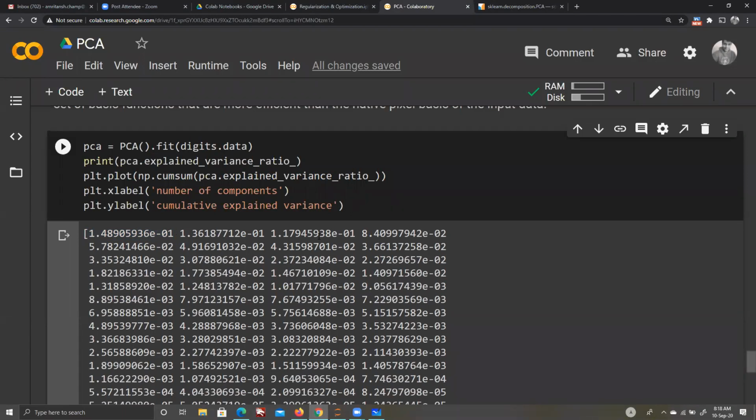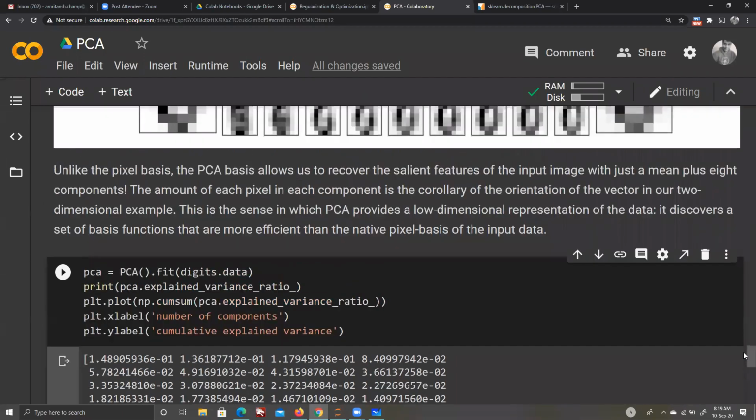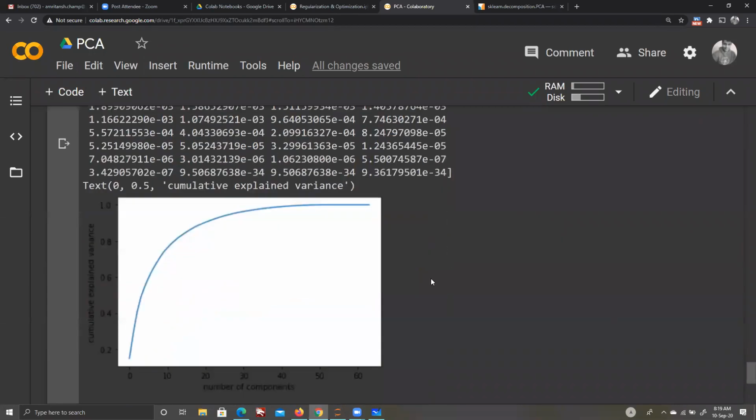Student: So if I have 64 dimensions, the system will calculate 64 principal components, and the first few of them will accumulate to nearly 1. Yeah, the very first few of them, 10% or 20%, would reach as close to 1 anyway. So you don't really have to go for the rest of them. That is the point.